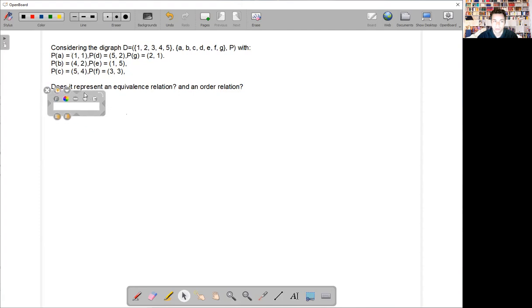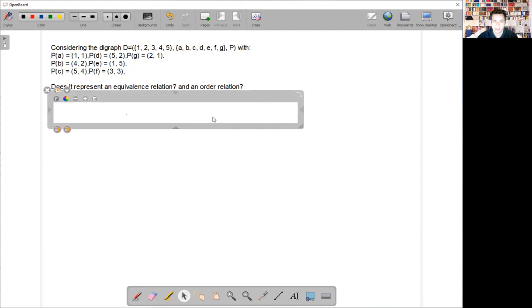Just to remind that an equivalence relation means that the graph meets the properties reflexive, symmetric, and transitive.